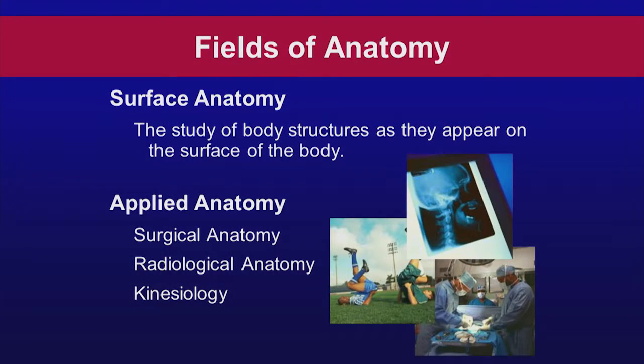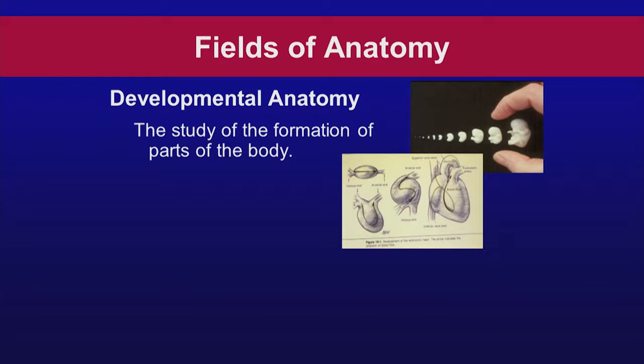Okay, so if we see some different areas of anatomy, applied anatomy may be surgery, maybe radiology anatomy, maybe kinesiology, the study of physical exercise, or it could be surface anatomy, the body surface that shows different structures. Could be developmental anatomy. Maybe you're studying the heart, how the heart develops.